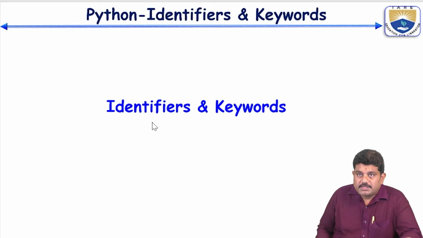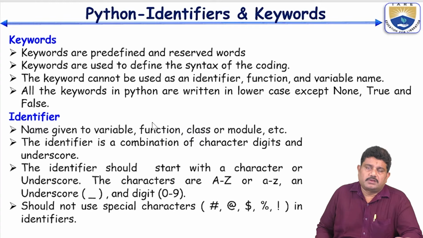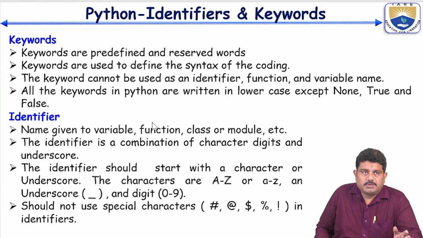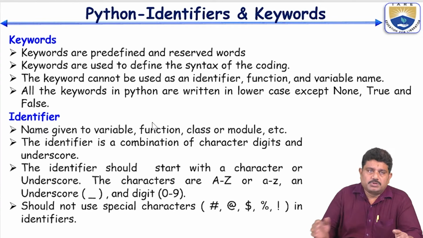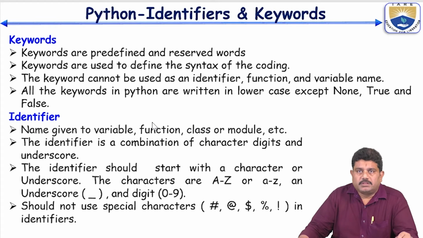In any language, identifiers and keywords both are very, very important. Let us see the definition of a keyword. A keyword is nothing but a reserved word. There are some words in any language which have a predefined meaning, and you cannot use those words in your program as identifiers.